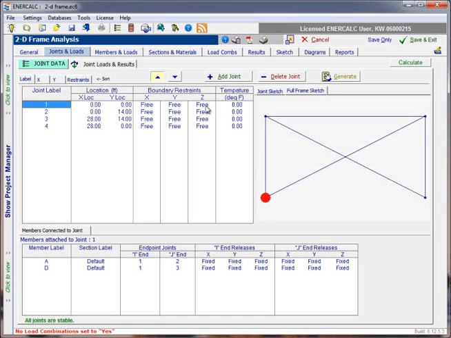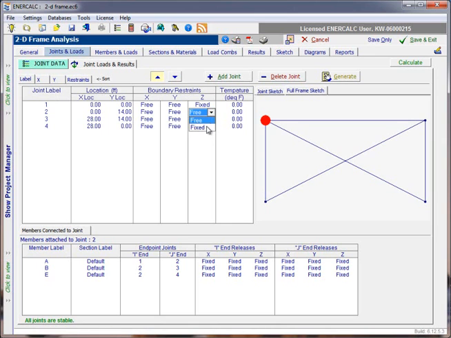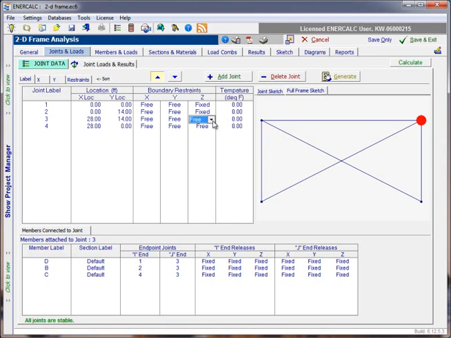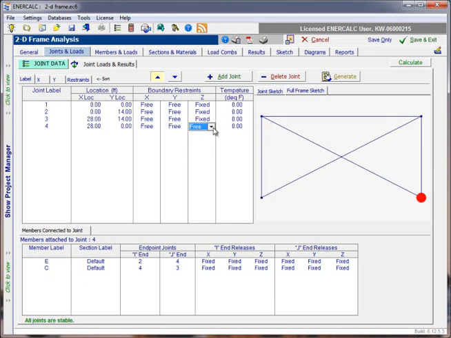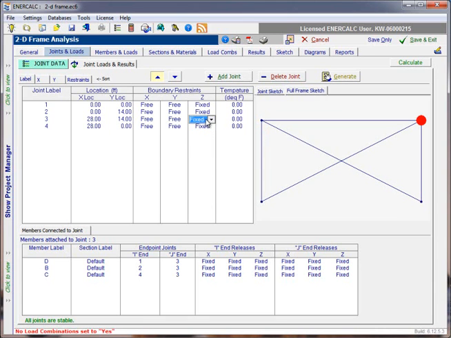So what we'll do in this situation to ensure stability of the nodes is we're just going to use fixed about the z-axis conditions for all 4 of the nodes in this model. Those nodes will not be able to rotate about the z-axis, but again, we'll take care of the hinges or the pinned conditions of the member ends when we move on to member end conditions.